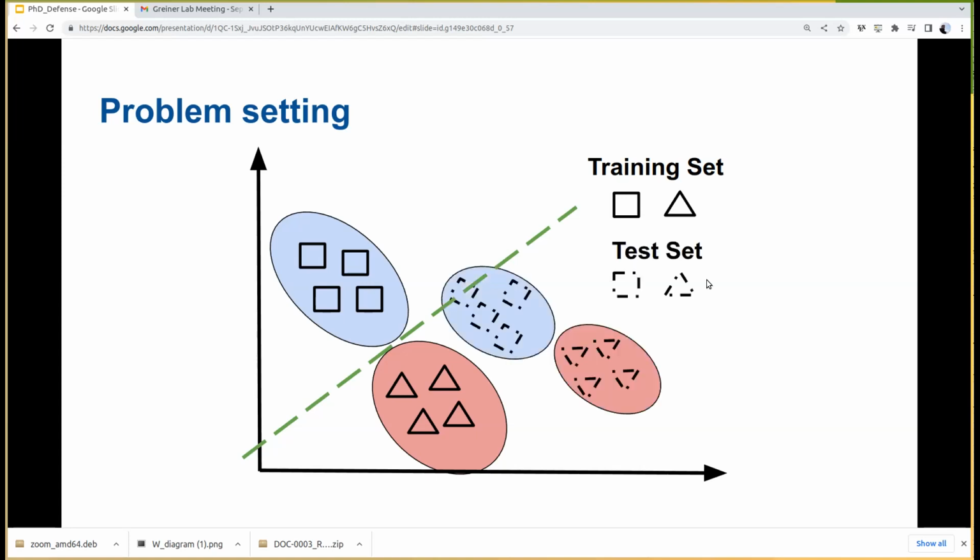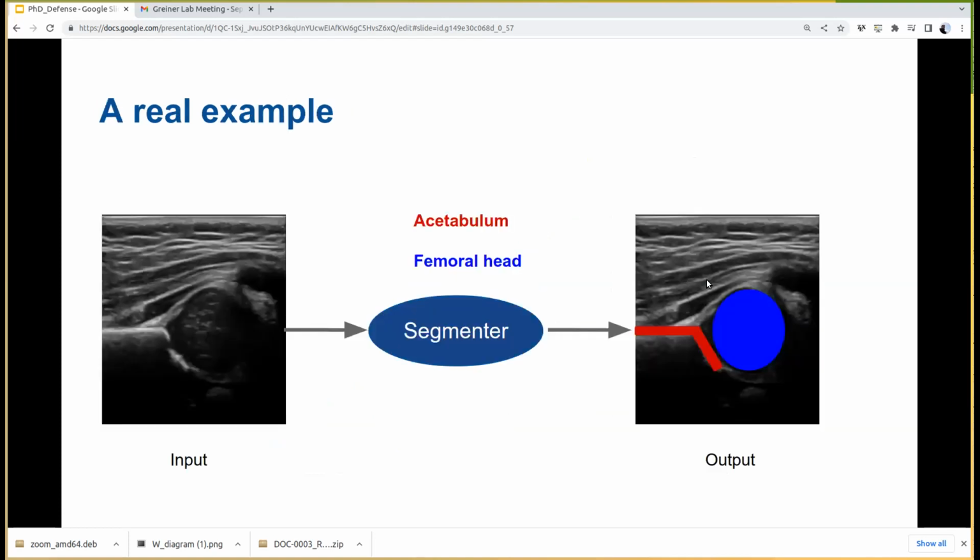But it turns out that the data on the test set simply is different. For many reasons, it can have a different distribution. So then your classifier that works well on data from the training distribution doesn't generalize to the test distribution. So then the idea is, what do we do about it?